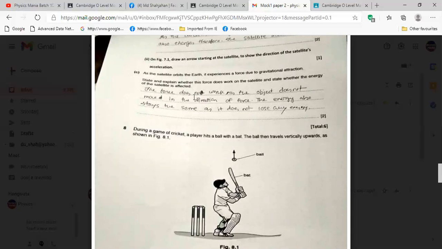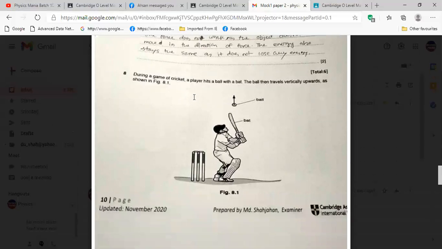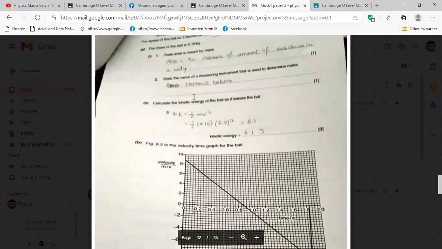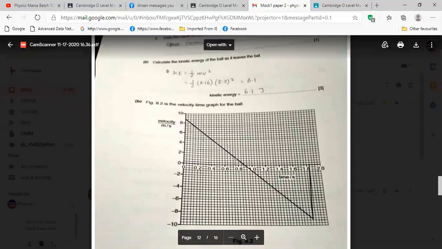Yes, this one is correct. The next one I wrote: mass is the measure of the amount of substance in a body. Then electronic balance I gave. Very good.